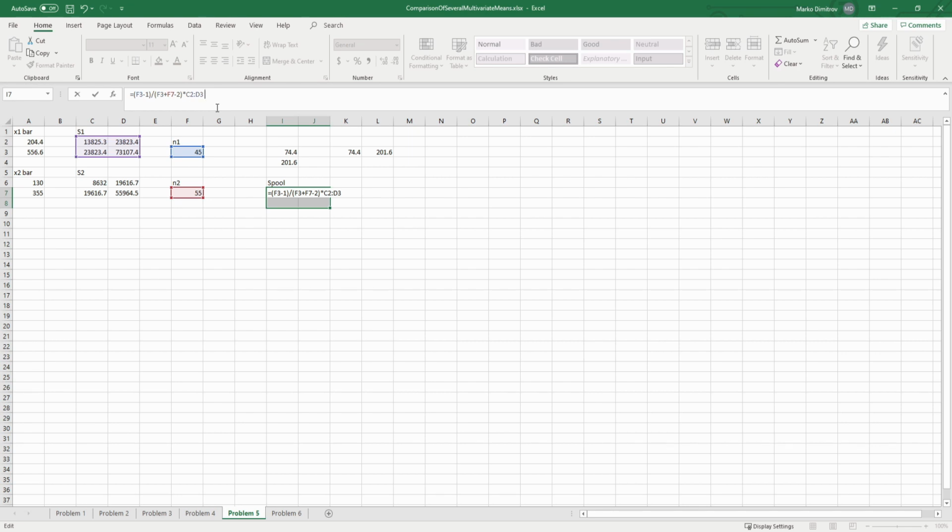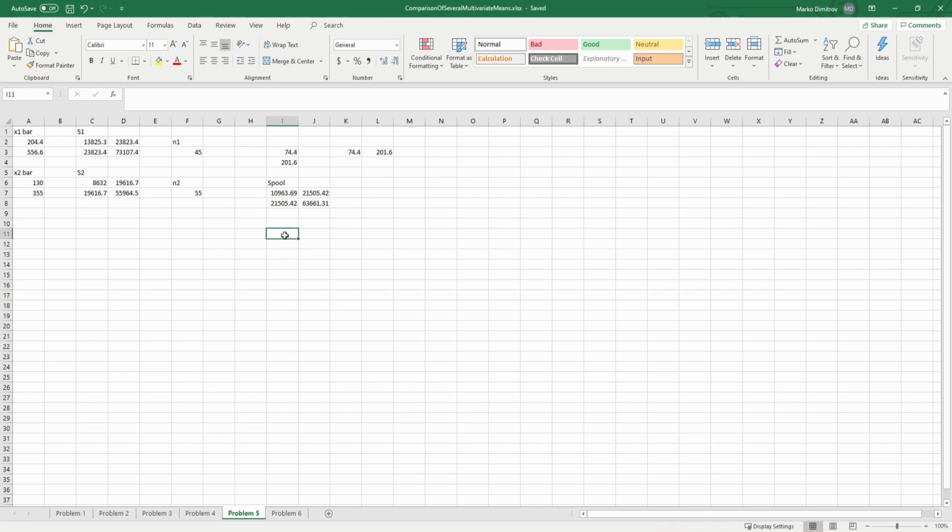Similarly, we need n2 minus 1, divided by n1 plus n2 minus 2, times the matrix S2. So this is our S pool.